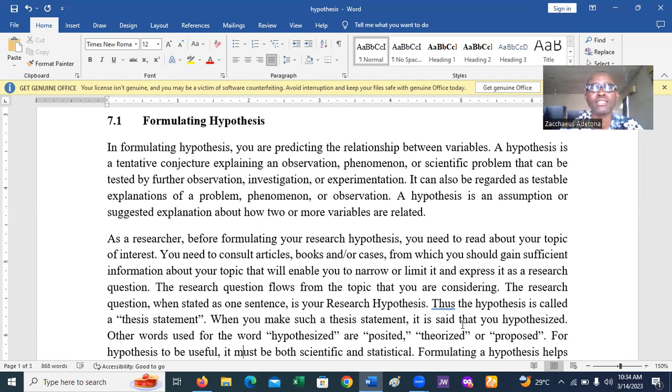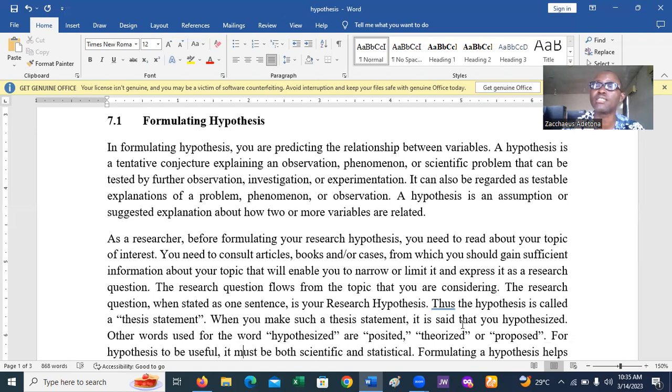So a hypothesis is a tentative conjecture explaining an observation, phenomenon, or scientific problem that can be tested by further observation, investigation, or experimentation. A hypothesis can be regarded as a testable explanation of a problem, phenomenon, or observation.